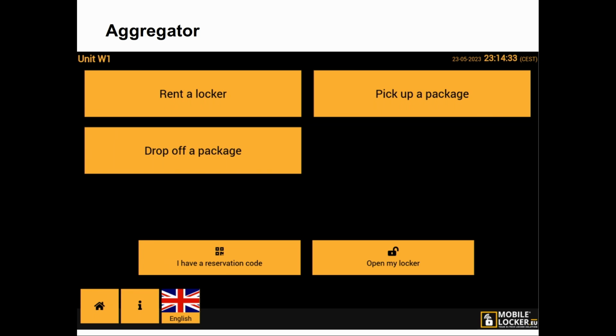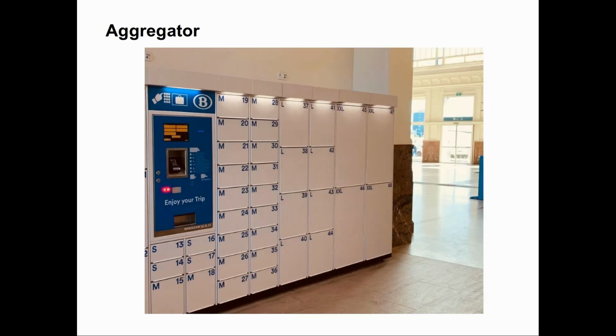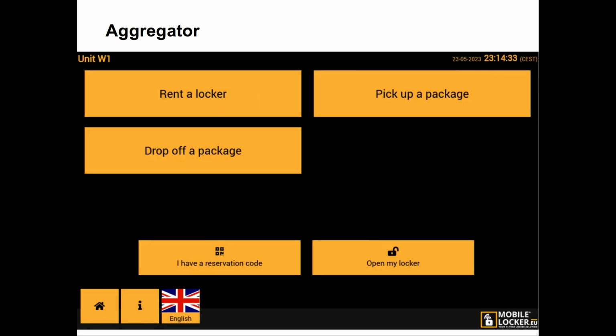And then on the screen, you can rent a locker or pick up a package because there's parcel delivery in there and so on. But as you saw, there's a bunch of devices in there. For example, this payment terminal is needed in order to rent a locker because you have to pay for it. So if that payment terminal for some reason becomes unavailable, that button shouldn't be there.